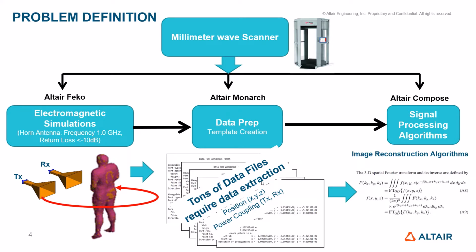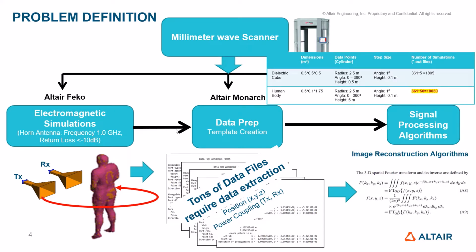But the important thing here is handling the large amount of data in Monarch, extracting the information in a proper fashion and streamlining the data, like position coordinates, transmitted power and received power, and then exporting it into an Excel sheet. That is the main goal of this particular block.